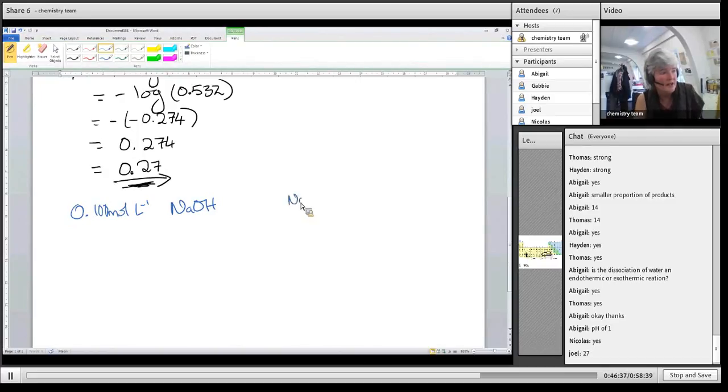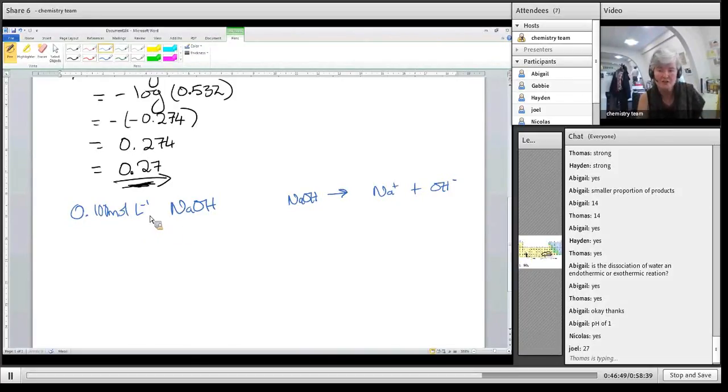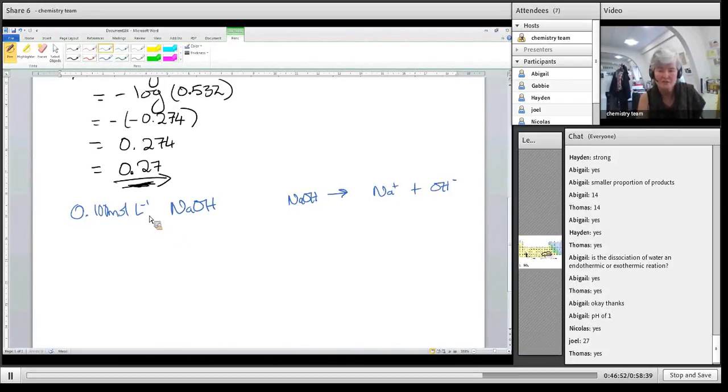Because remember, my sodium hydroxide will react with my water to form Na plus and OH minus. So do I know the hydronium ion concentration? Okay, Thomas, you say yes. What would it be?